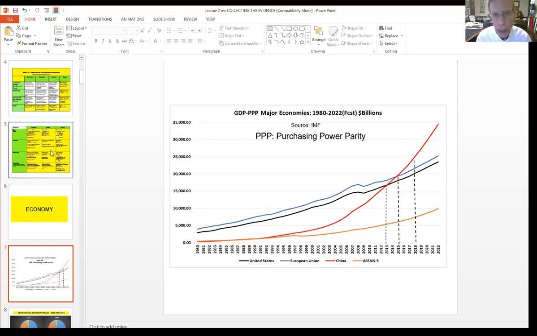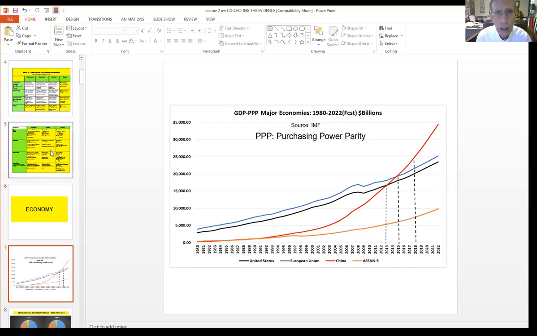Even though the yuan in China is worth more than that. To give you an example, I was in China last summer, and at that time, the exchange rate was 6.5 yuan to the dollar.